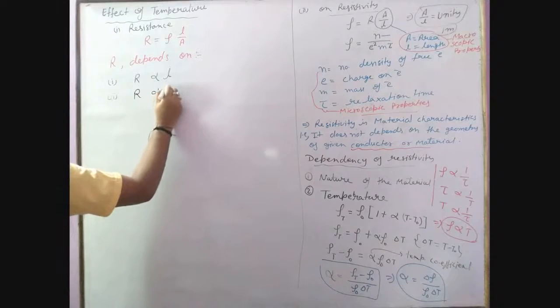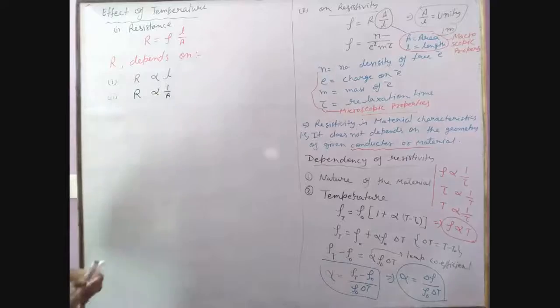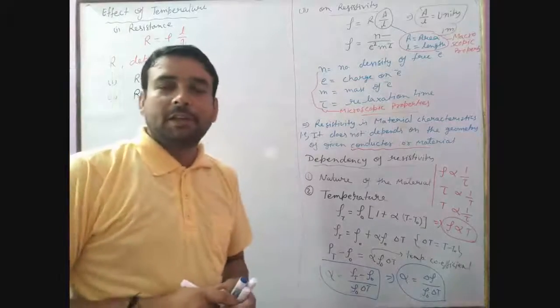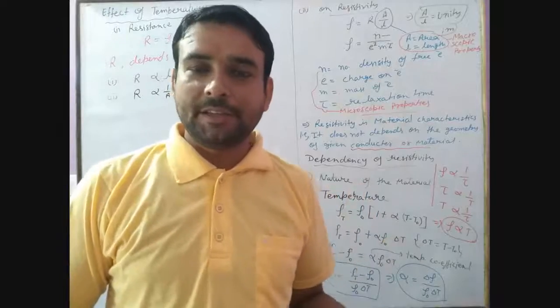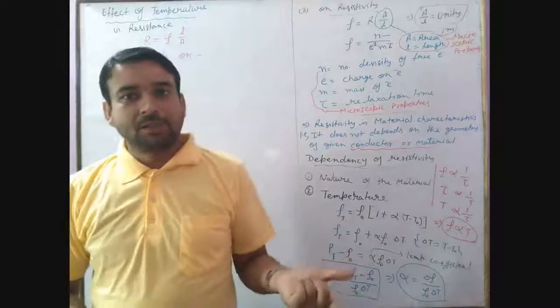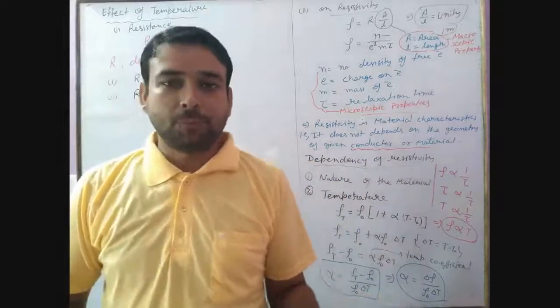Second, resistance is inversely proportional to area. It indicates that as the area of the cross section increases, the resistance will decrease in the reciprocal way.